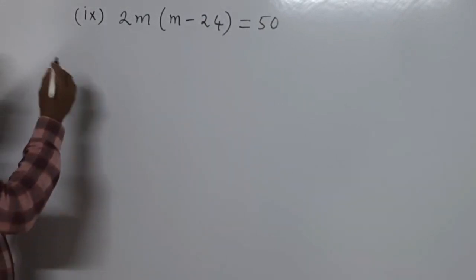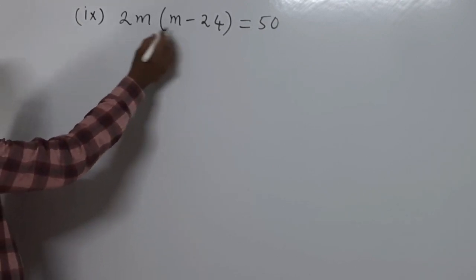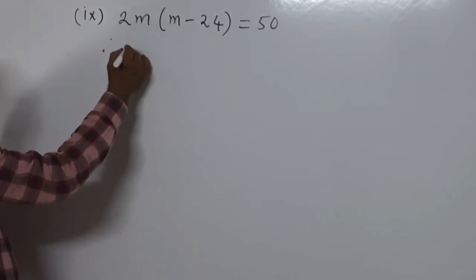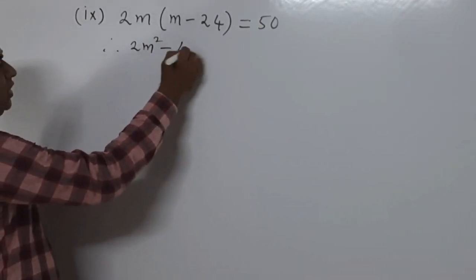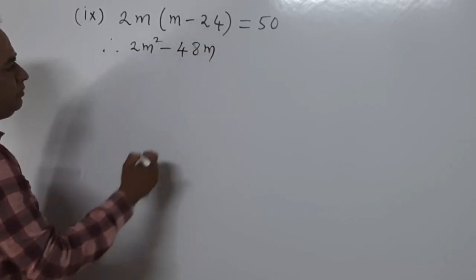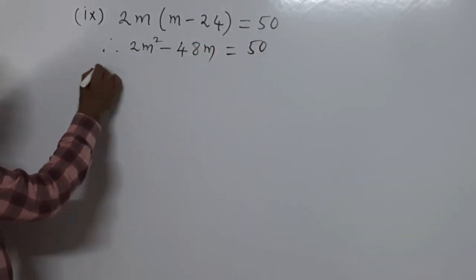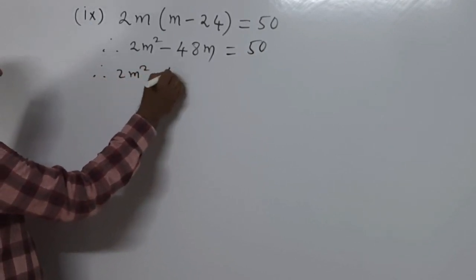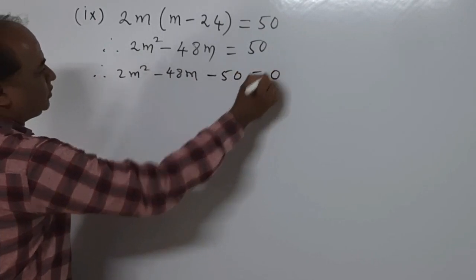So the given equation is not in standard form. First we will convert the given equation into the standard form. So here multiply 2m into m, 2m square, minus 24 2s are 48m is equal to 50. Therefore 2m square minus 48m minus 50 is equal to 0.